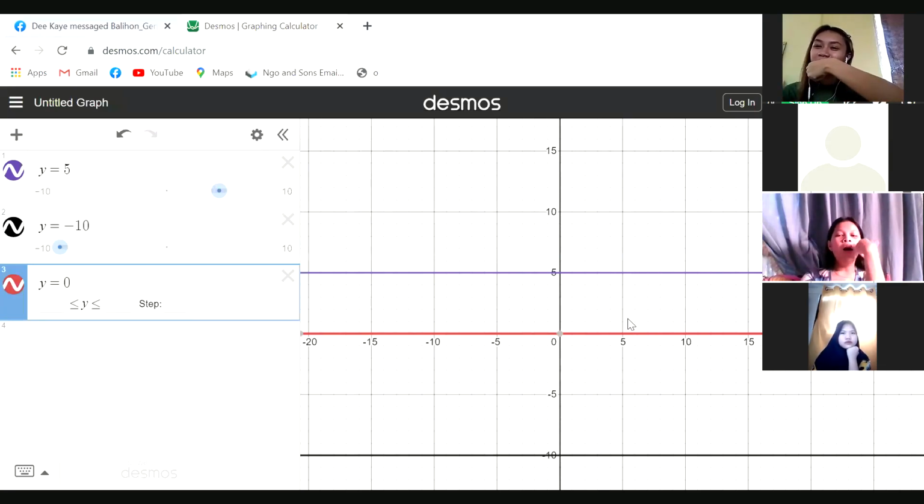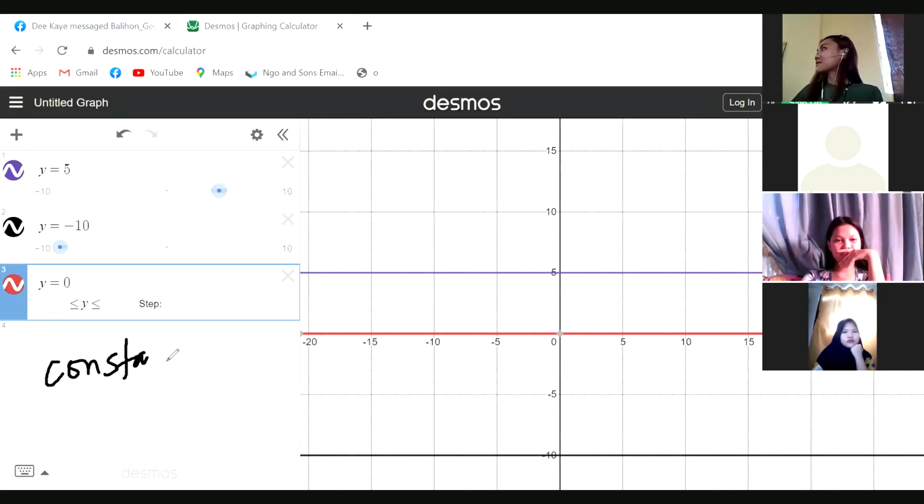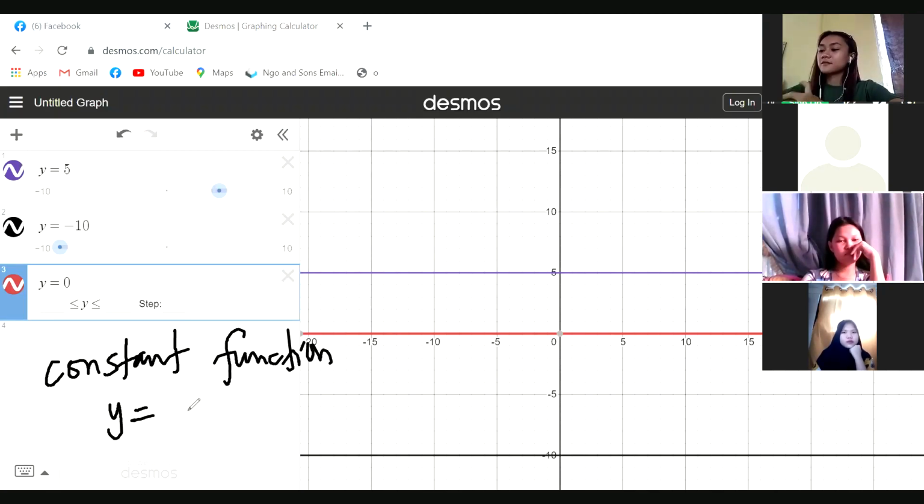That is called the constant function. And again, this is y equal to c, or you can also use b, the same form, where b is any real number. Actually, a constant function is also a linear function. As you can see, it is also a line.